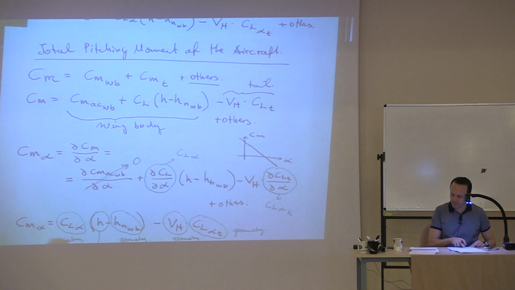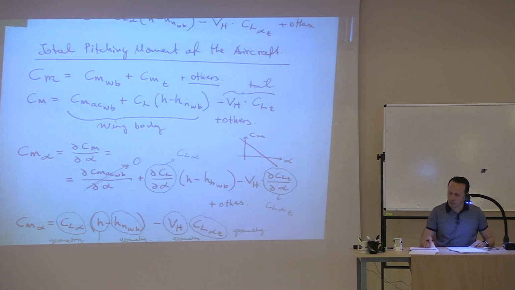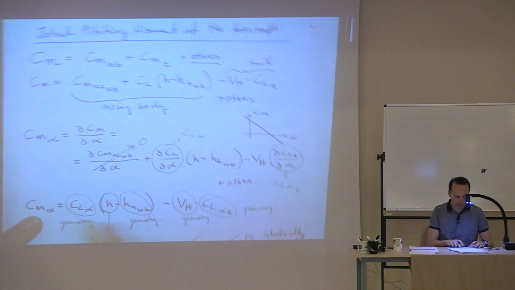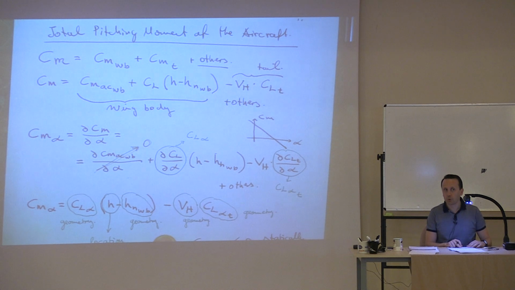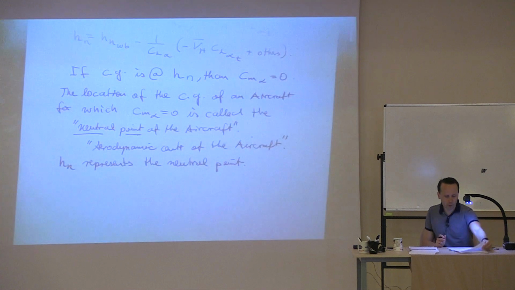We would like to rewrite this Cm alpha equation, not as a function of these variables, the location of the CG, but as a function of the neutral point.